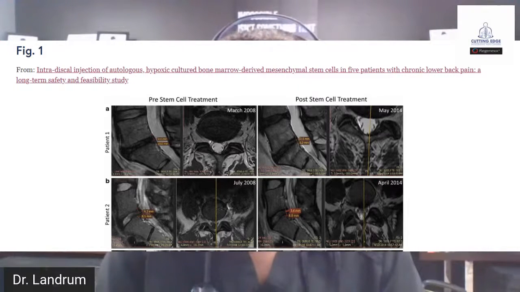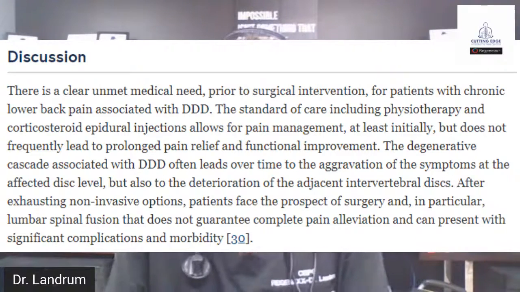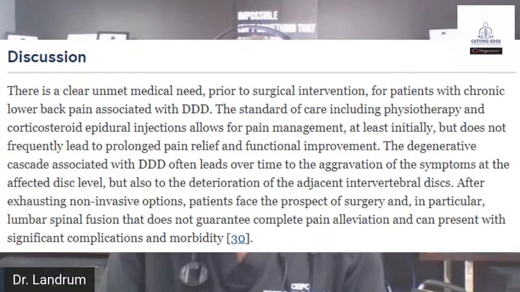So one of the things that they were able to conclude was the following: what they assert is that there is an unmet need prior to surgical intervention for back pain that's associated with degenerative disc disease. And what they are able to state is that degenerative disc disease often leads over time to aggravation of symptoms not only at the affected disc level, but at other adjacent intervertebral levels.